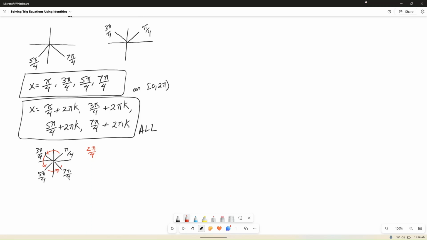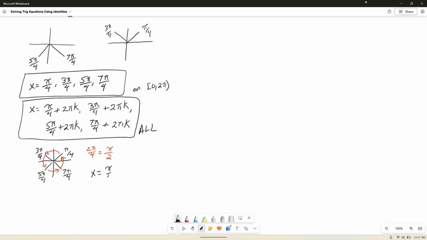And from 7 to what would be coterminal with pi over 4? 9 pi over 4. So how far is it from 7 to 9? 2, right? So every time, if we started at that pi over 4, we could always get to the next solution, and we could keep going around and around by adding just 2 pi over 4, which simplifies down to pi over 2. So I could take all four of those answers, the pi over 4, 3 pi over 4, 5 pi over 4, 7 pi over 4, all plus 2 pi k, and I could rewrite them as a single expression.